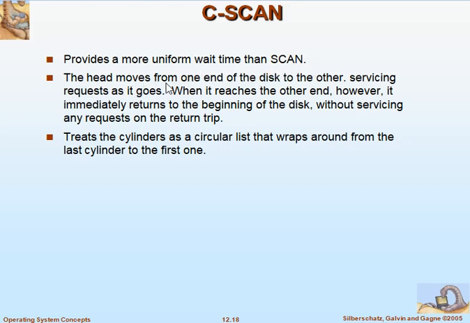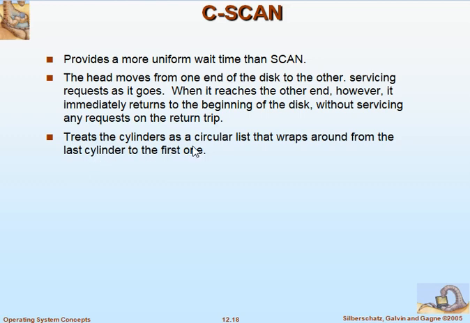The head moves from one end of the disk to the other, servicing requests as it goes. When the head is moving from one end to the other, it will service all the requests. When it reaches the end, it immediately returns to the beginning of the disk and starts from there without servicing any request on the return trip.